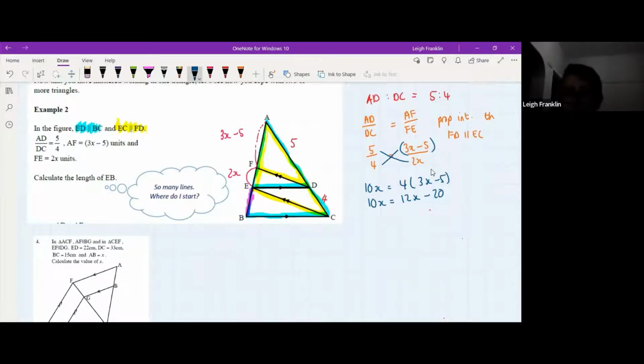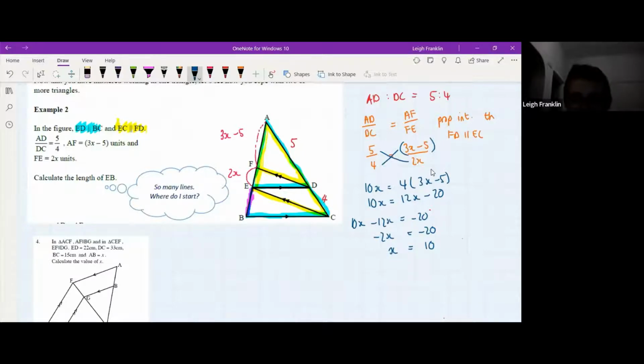Yes, ma'am. All right. So we've got 10x minus 12x on the left is equal to minus 20 on the right. So this gives us minus 2x on the left equals minus 20 on the right. And we're going to divide both sides by negative 2, which means that x will be equal to 10. Okay, so now that we've solved for x, we can work out the length of AE.